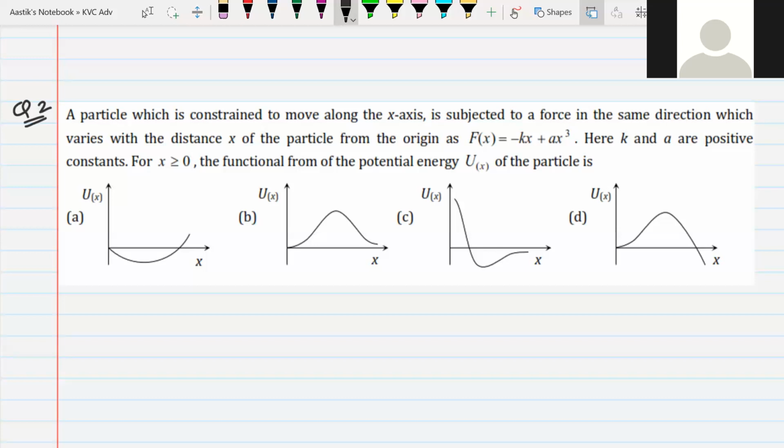Sir, it's B. Second, it's a graph. It's B. What makes you say that it's B? Any special reason for that? Sir, I have integrated it. You have integrated it. That is the correct thing that you have done. You should have done that.